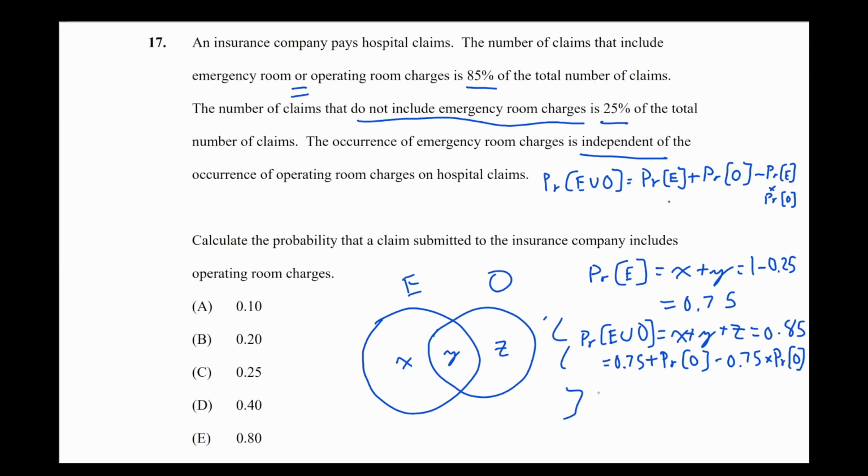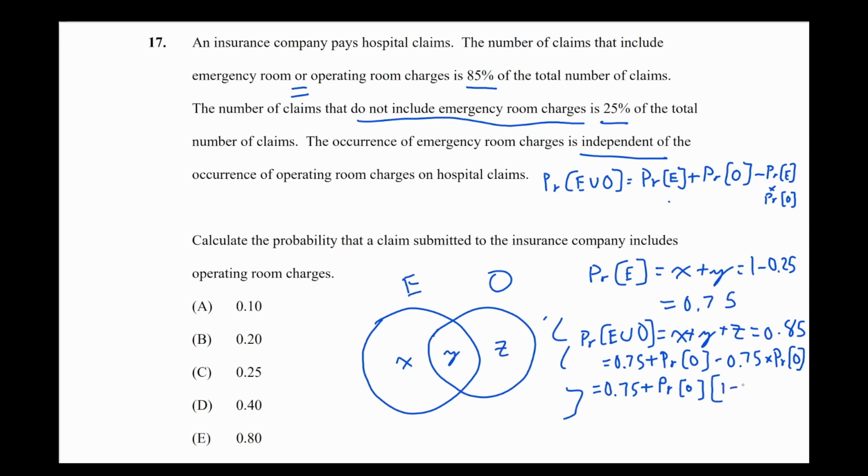Okay, and then if we simplify this formula a little bit, it'll look like this, where we pull out the probability of O from these two different terms.